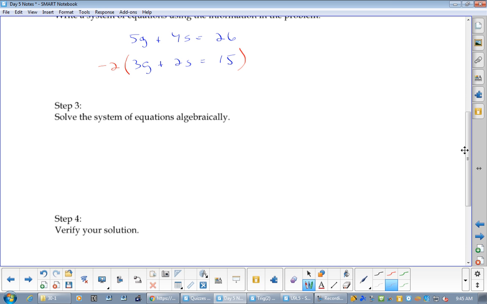Okay? So I'm just going to write this to the side. This is 5G plus 4S equals 26, meaning I have not done anything to that one. This one will be -6G minus 4S equals -30.